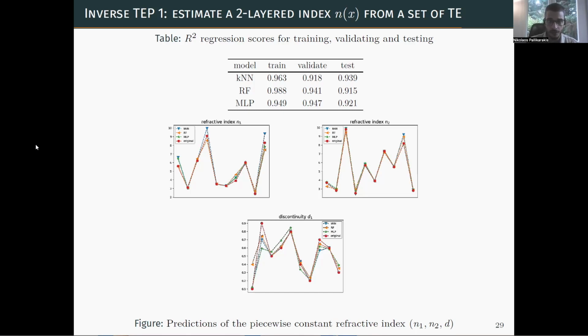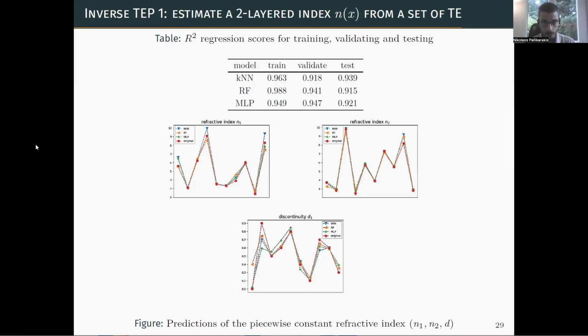So in the first graph, top left, is the refractive index Ni1, the refractive index in the disk. In the second is the refractive index in the layer, the outside layer, and the third is the discontinuity, where we see that the refractive indices are very well covered, and the discontinuity is less stable, which is reasonable because it's harder to recover its position.